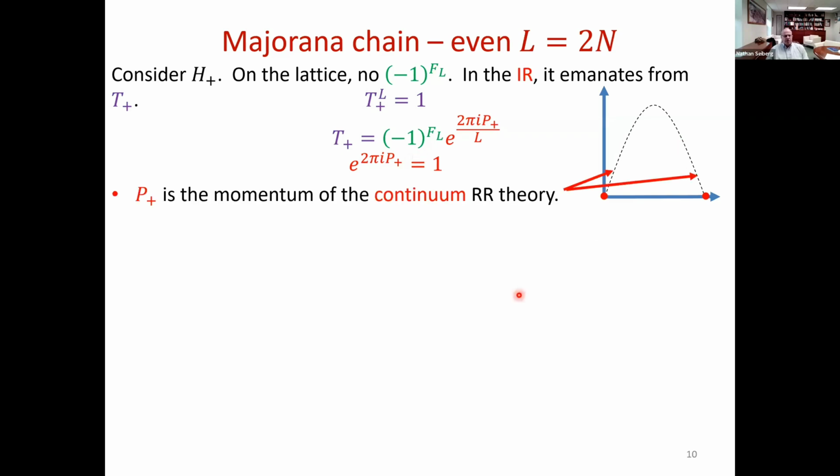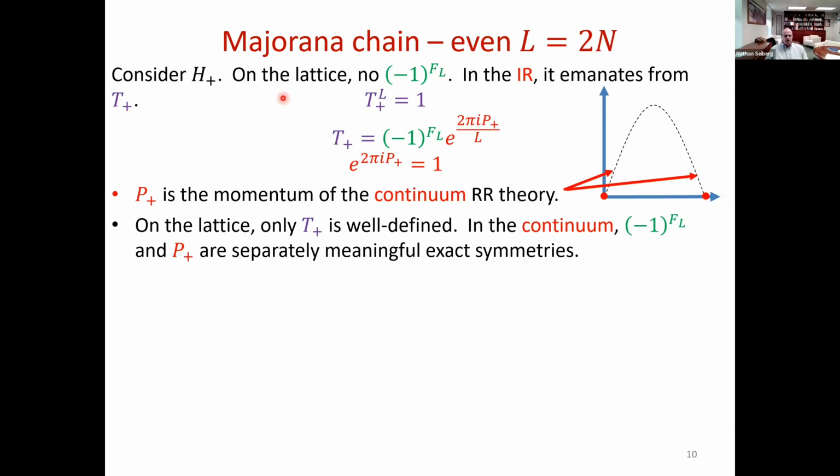So P plus is the momentum of the continuum IR theory. The low energy observer says that I see momentum P plus. It's an integer of order 1, and modes here can have one sign of P plus, modes here have the other sign of P plus. And in addition, we have another quantum number, minus 1 to the f left, which is 1 here and minus 1 here.